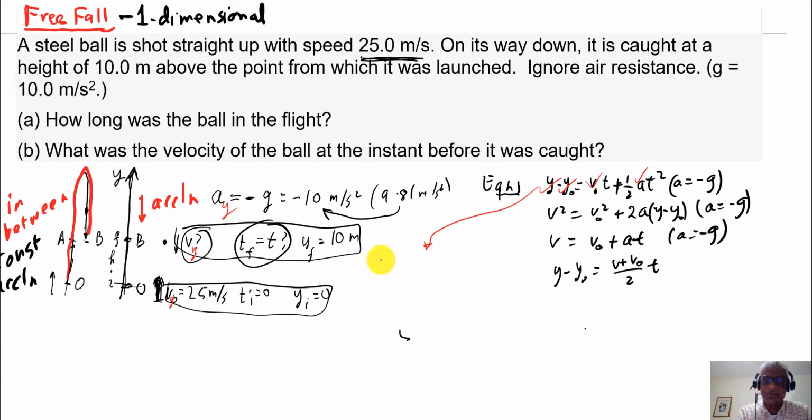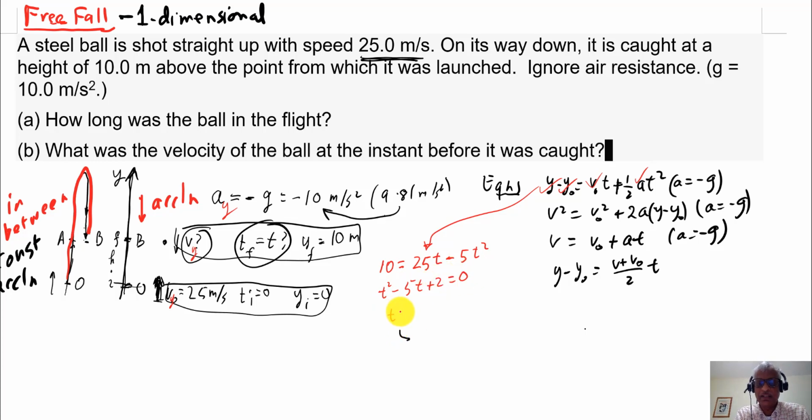It's going to be 10 equals 25t minus half of 10, which is 5t squared. So you can divide by 5 throughout. You have t squared minus 5t plus 2 equal to 0.